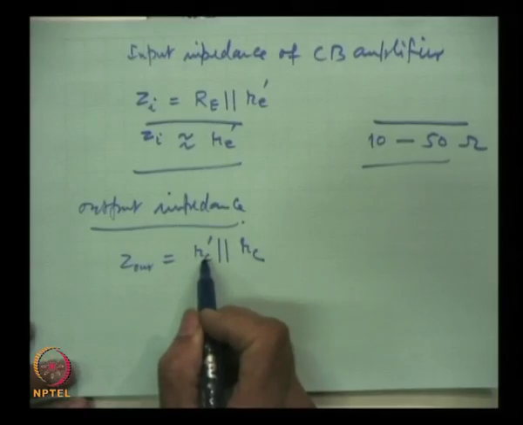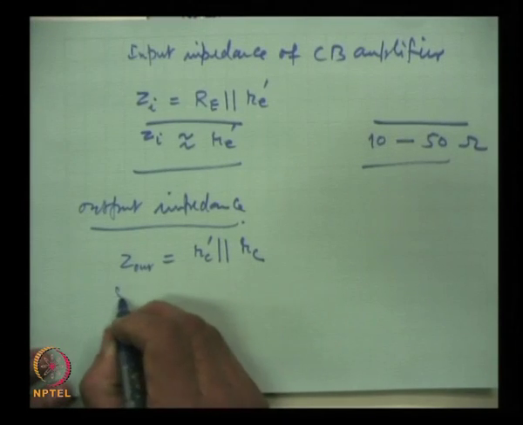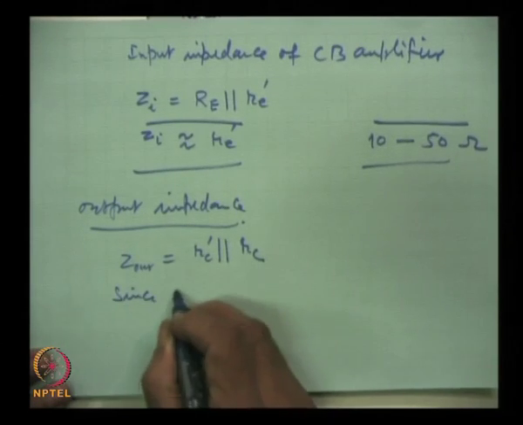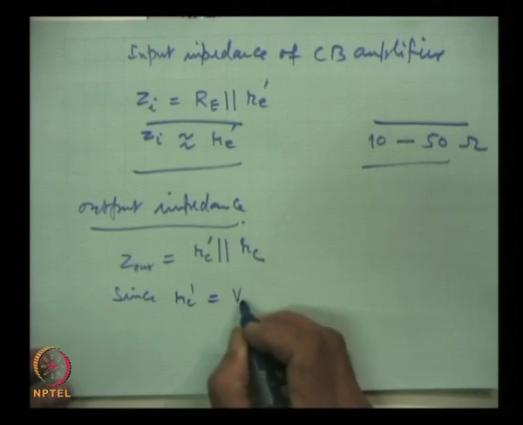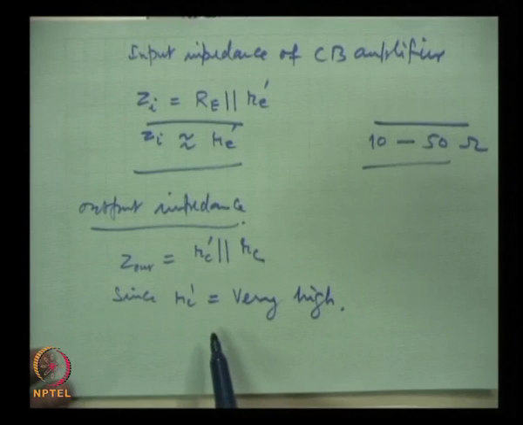Now, the collector in the amplifier is a reverse bias junction. So, this impedance is very high. So, since R c prime is very high, and why is it very high? Because it is a reverse bias junction.